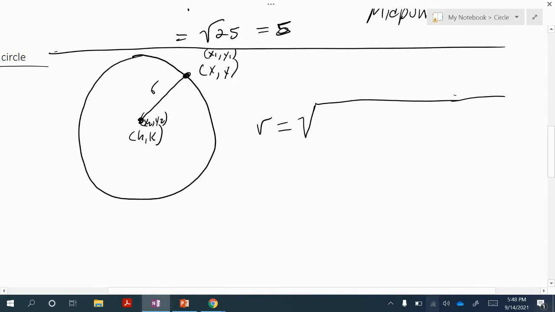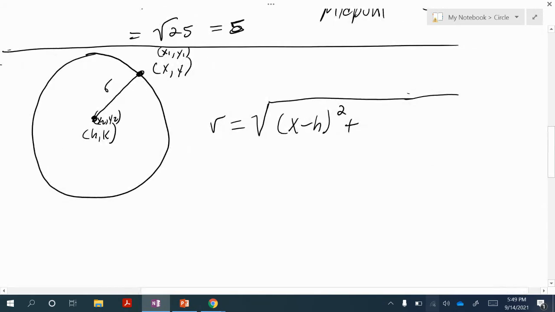The distance formula says x sub 1 minus x sub 2, so we have x minus h quantity squared, plus y sub 1 minus y sub 2. In this case, y sub 1 is y and y sub 2 is k.